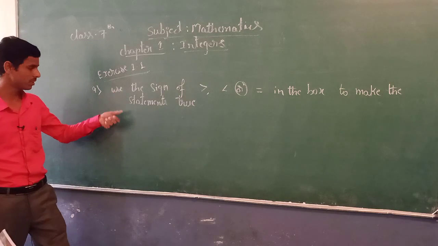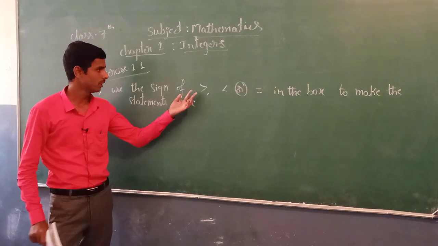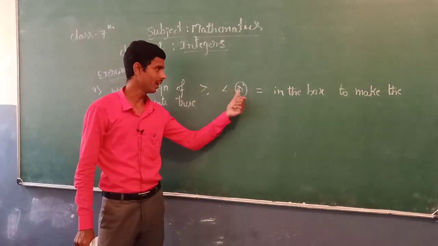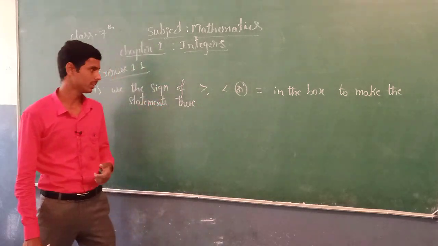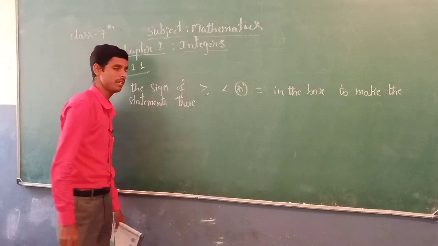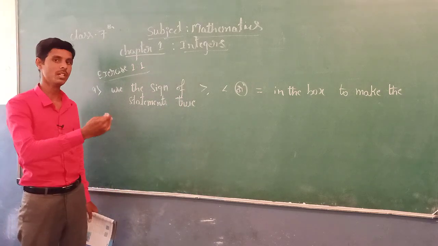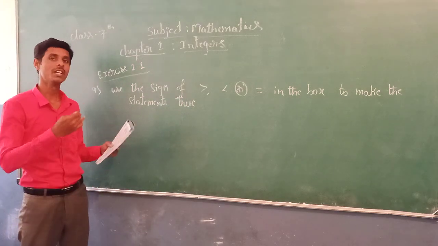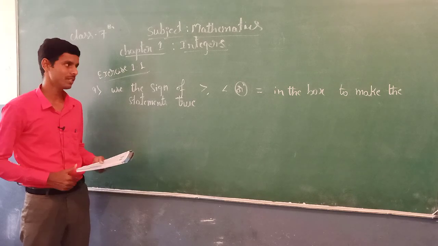Here some statements they will give. We have to put greater than, less than, or equal to in the given box to make the statement true. That means whether LHS part is equal to RHS, or greater than or less than, we have to decide.